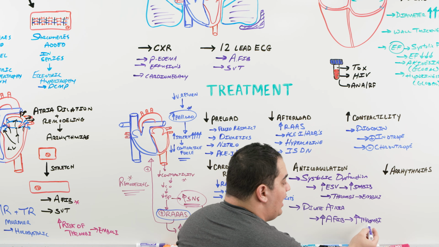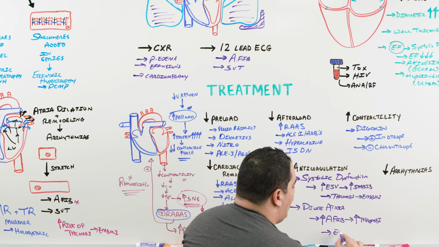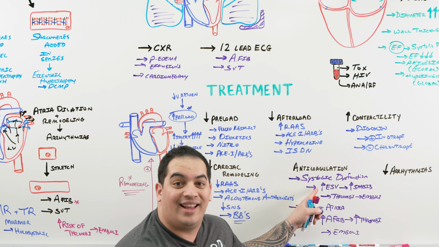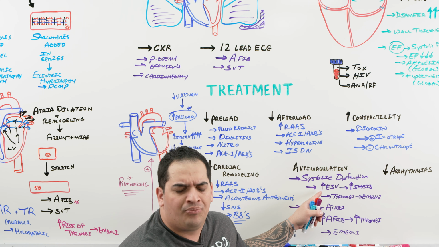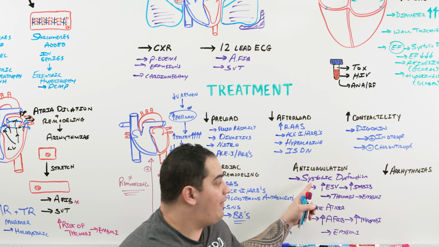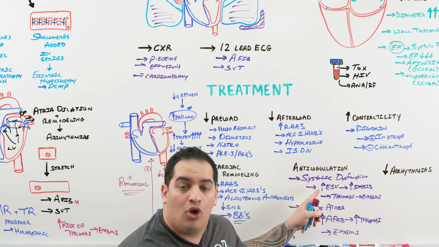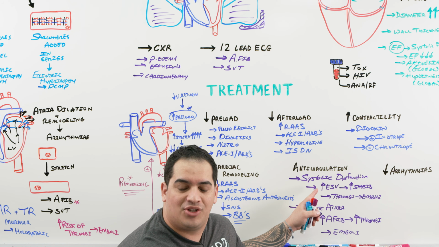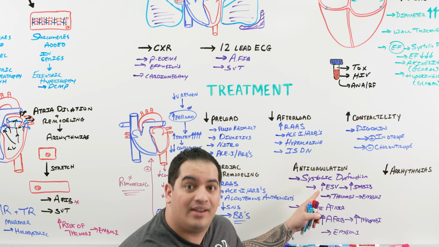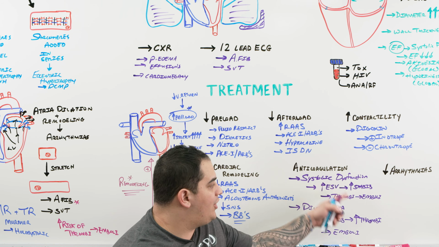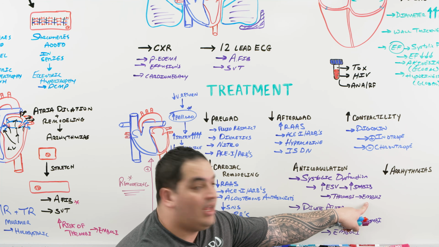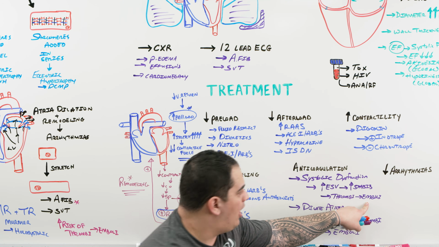Stasis of blood flow. Increases the risk of thrombi and increases the risk of emboli. So we should consider anticoagulation, such as things like warfarin if they have a valvular issue, like they have a mechanical heart valve, or things like DOACs, so rivaroxaban, apixaban, dabigatran, things of that nature to prevent them from developing embolic strokes. Yeah? All right.